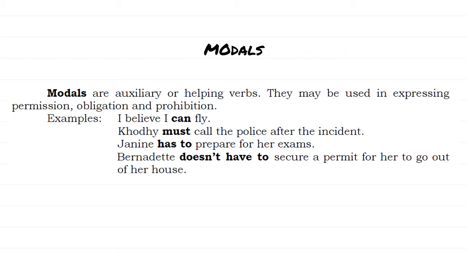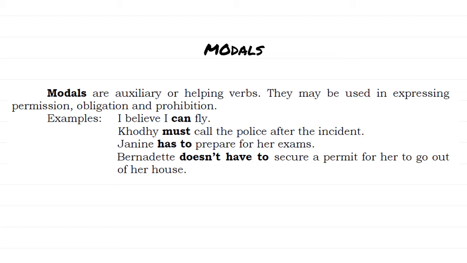Second sentence. Cody must call the police after the incident. Our modal here is must. The verb it helps is call. So, the verb phrase is must call. The third one, Janine has to prepare for her exams. The modal here is has to.